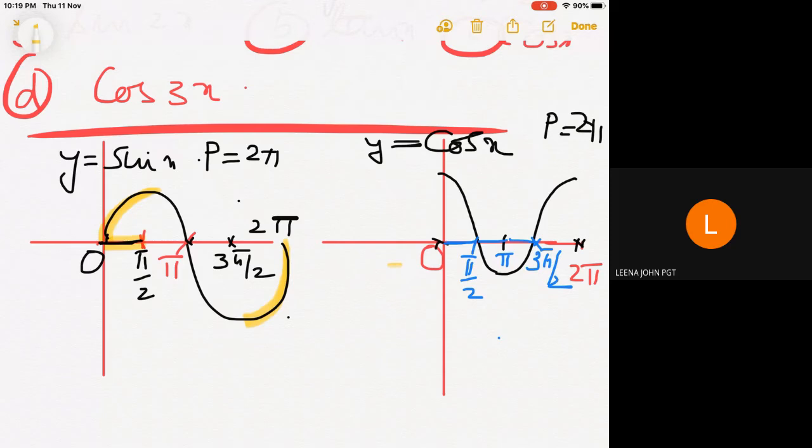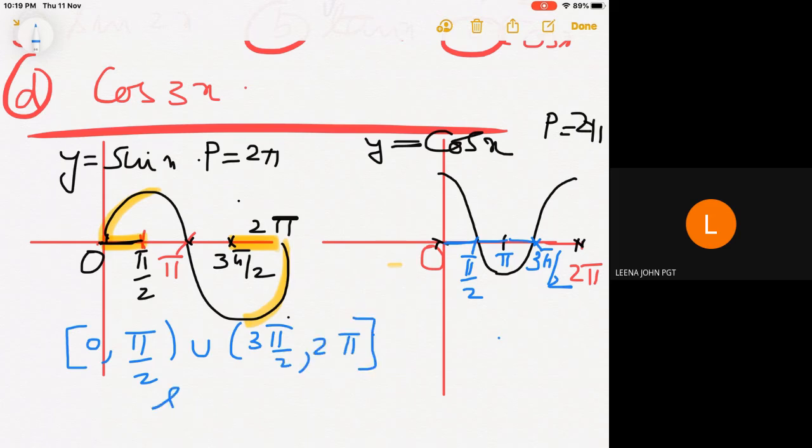That means the interval is this and this. So you can see in the interval 0 comma pi by 2 union 3 pi by 2 to 2 pi, the function is strictly increasing.